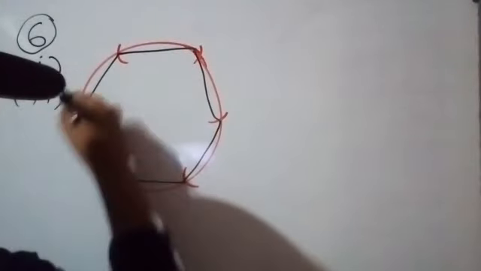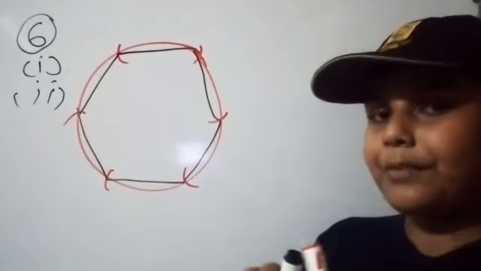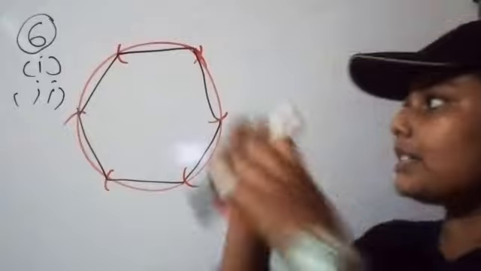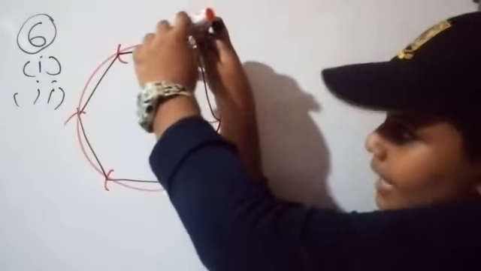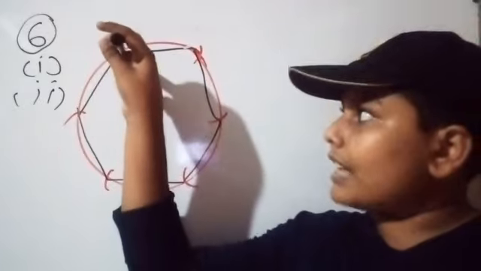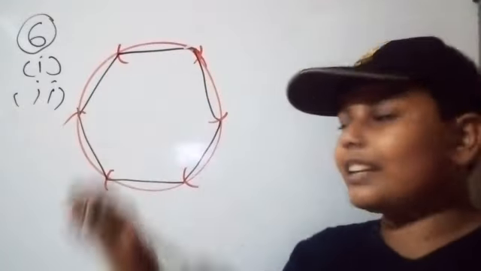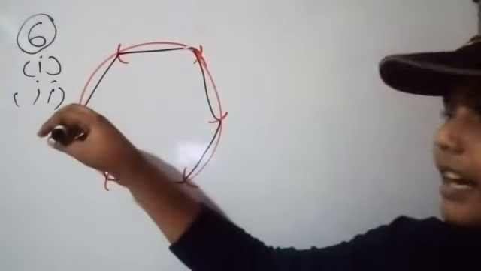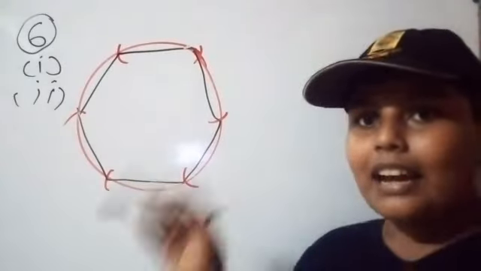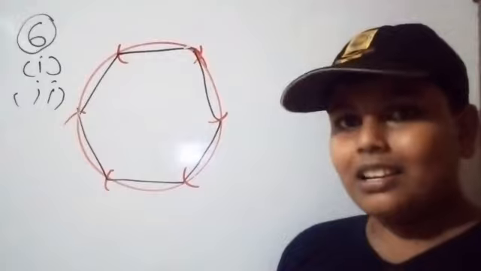I don't have the actual measurement in this. So, don't move the compass, keep the point there with the pencil and get an arc. In that arc, keep the point again and get an arc again, and in that arc keep the point again and get an arc like that. And connect that with your straight edge.